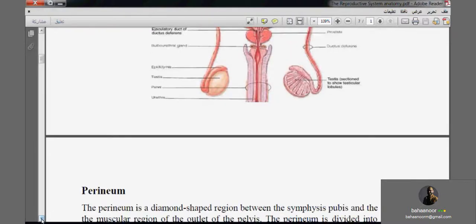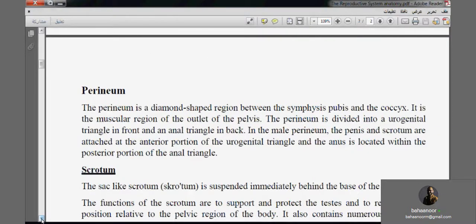البيرينيوم هي عبارة عن diamond shaped region، منطقة على شكل الدايموند between the symphysis pubis and coccyx. It is the muscular region of the outlet of the pelvis. منطقة عضلية.